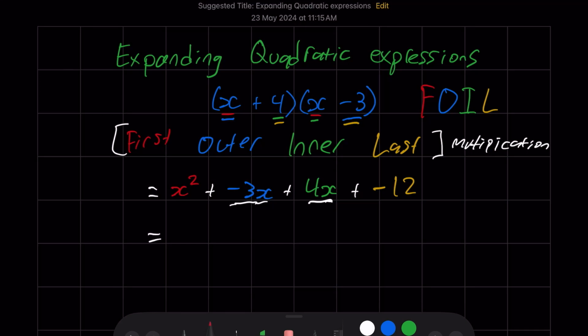We can go x squared, and you can get your calculator and type in negative 3 plus 4. Now, negative 3 plus 4 is positive 1. So I'll go positive 1x plus, and our final one is negative 12, plus negative 12.